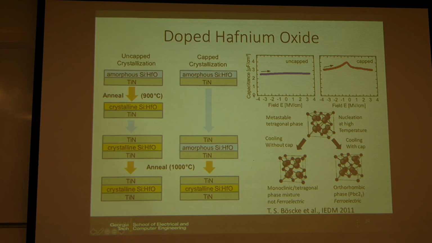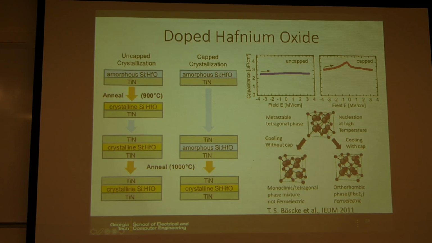So if you measure a CV, you only get a flat CV. If you deposit the top metal electrode layer before doing the annealing, you will crystallize this material in the orthorhombic phase, which is the correct phase for ferroelectrics.